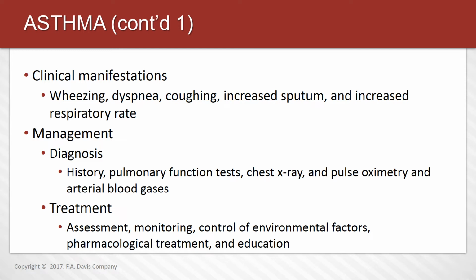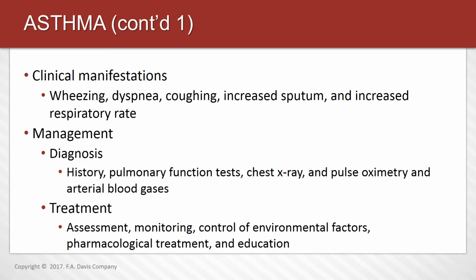The medications that we use are anti-inflammatory drugs, typically inhaled steroids, which help reduce the swelling and the mucus. All of this will make the airway less sensitive and less likely to react to asthma triggers and cause asthma symptoms. And then you have your bronchodilators.